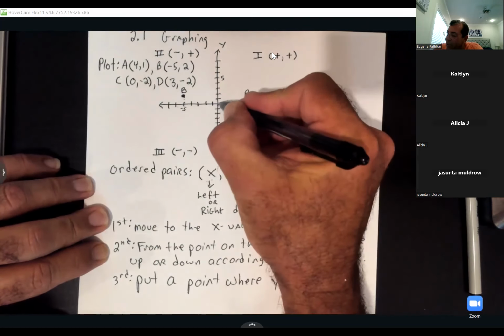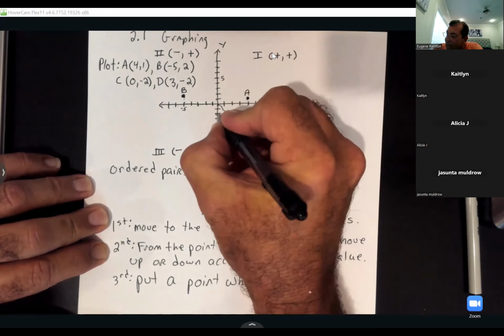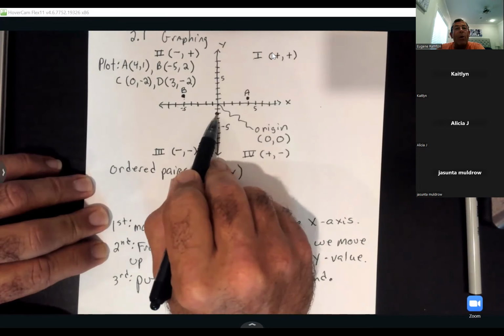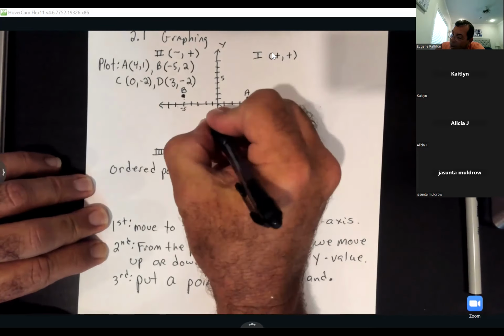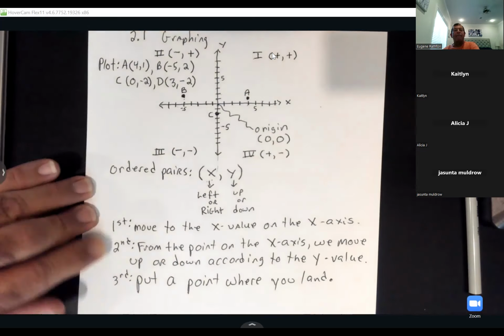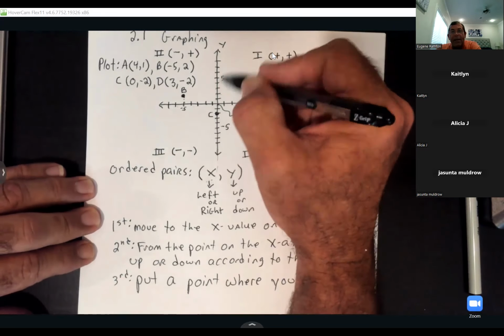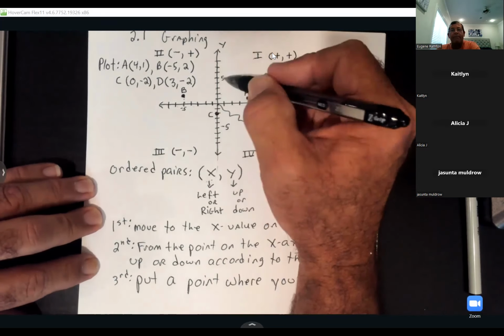So starting from the center, we would go down 2 lines until we got to -2 on that y-axis. And that'll be our point C. So if the first number is 0 for the x, your point is going to land on that y-axis, okay?